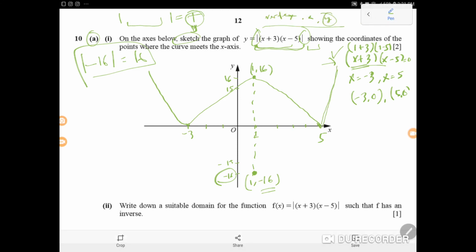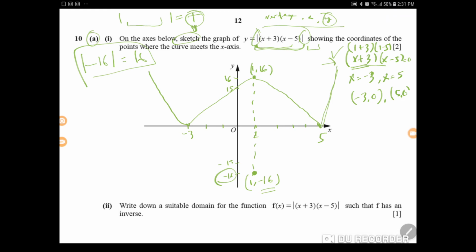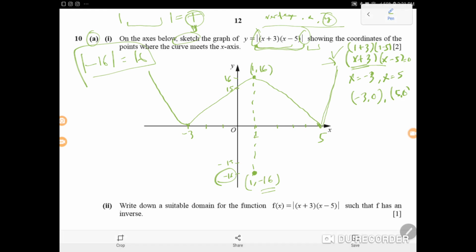So basically this is it. This is already the answer. And if you're a student of art, then you will be doing this better, because your sketching must be better than mine, of course.